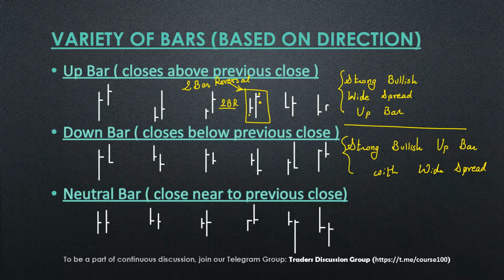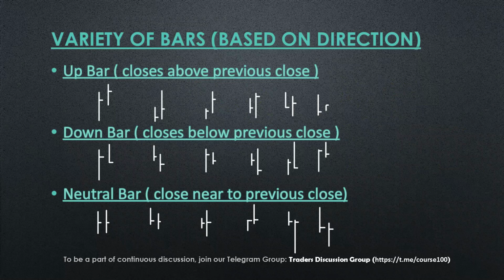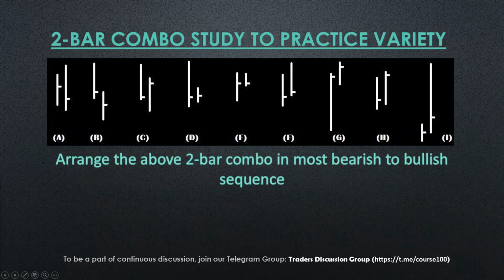Okay, so as you all know, I shared this practice example already with you guys yesterday and told you to arrange these 2-bar combos in most bearish to bullish sequence.